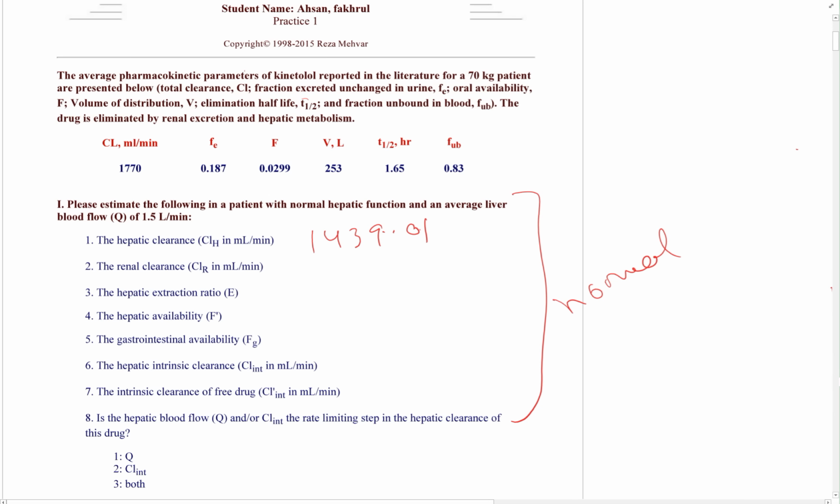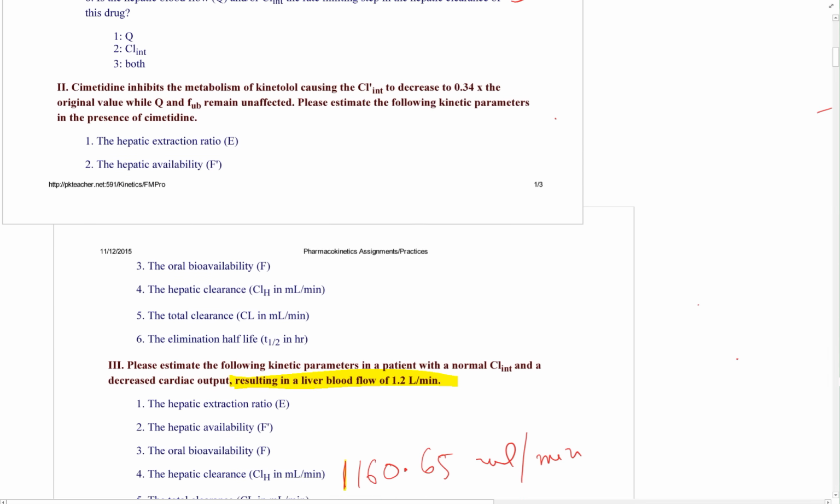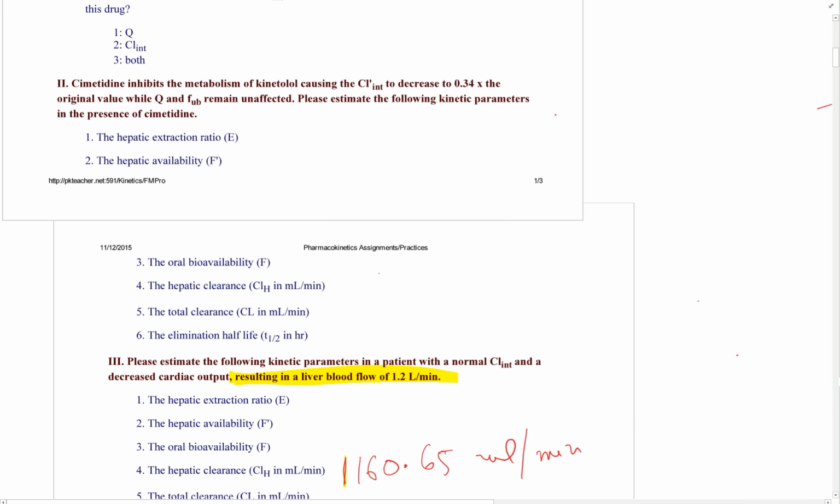And then in part 2, our hepatic clearance was, I think, 13.74 milliliter per minute.